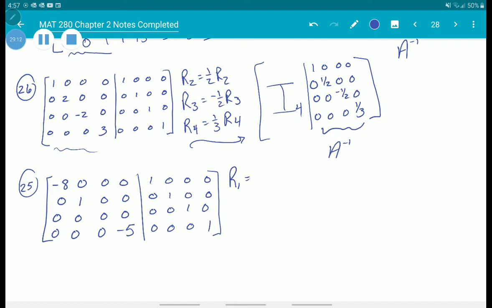You may not notice in the beginning that you would have a 0 down the diagonal. So row 1, you would want to take -1/8 of row 1 to get a 1 in that top left-hand corner. You're good on the second row. The third row doesn't have anything on that left-hand side at all other than 0. And then that fourth row would be -1/5 row 4.